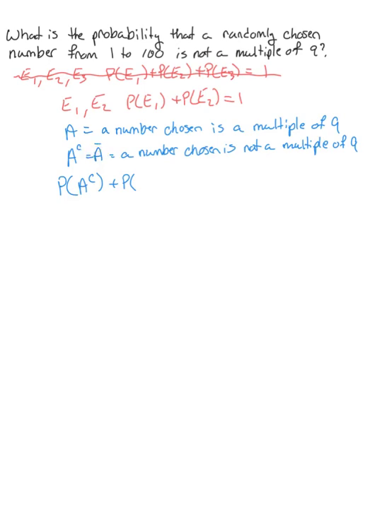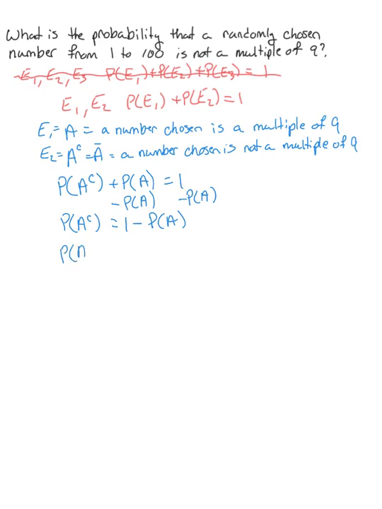So those are our two events, which we could also label as E1 and E2. So the probability of A complement plus the probability of A is equal to 1. Now we want to solve for A complement, so we can subtract the probability of A from both sides, and we're left with the probability of A complement equal to 1 minus the probability of A.